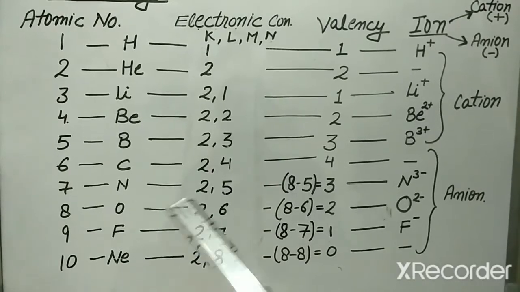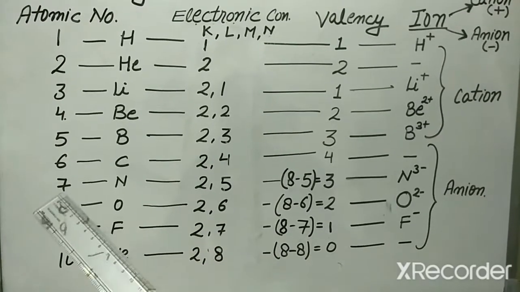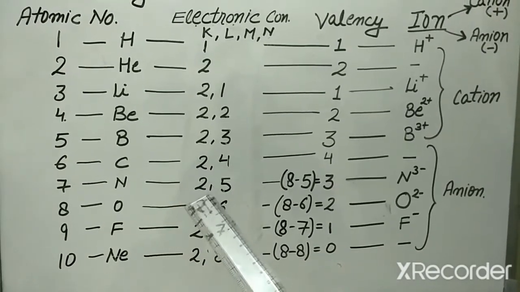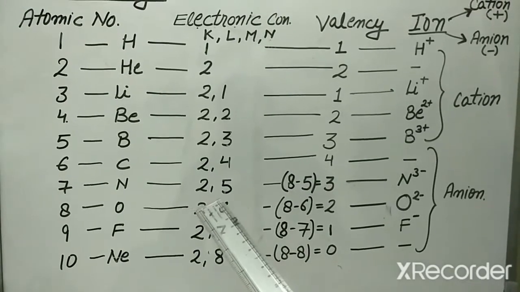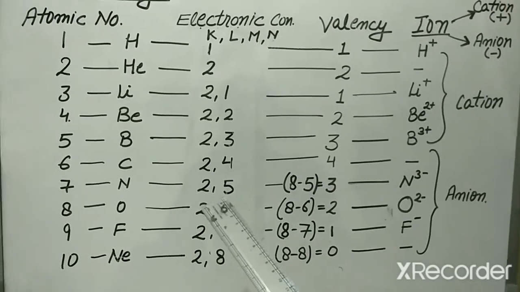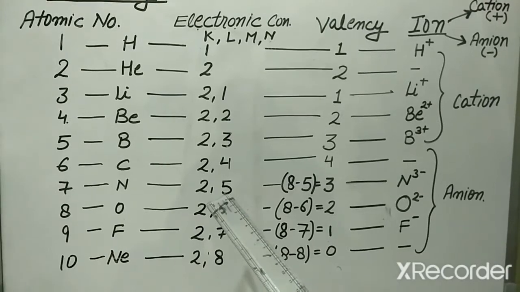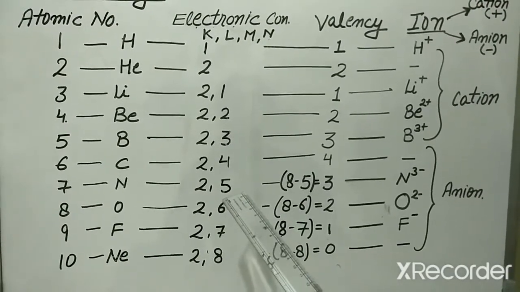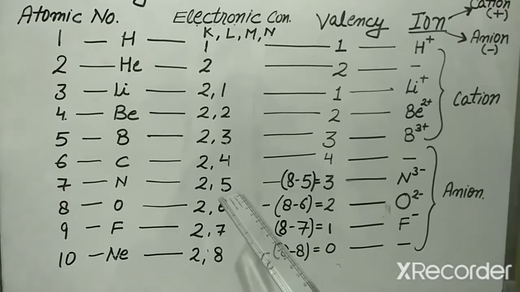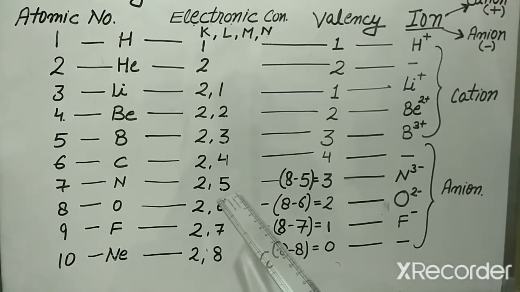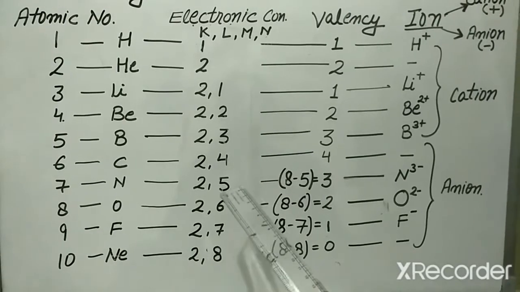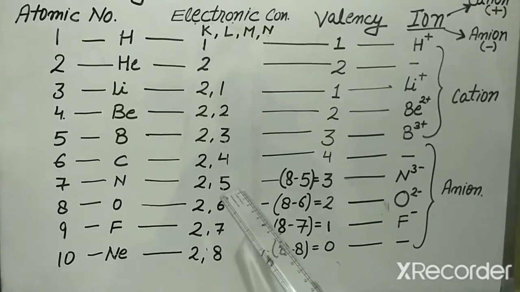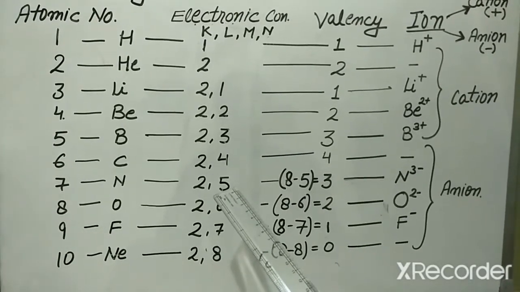Similarly, if we are talking about nitrogen, atomic number 7, configuration is 2 5. So here in the outermost shell 5 electrons are present, so losing 5 electrons is a very difficult task, rather they can gain 3 electrons from another element.